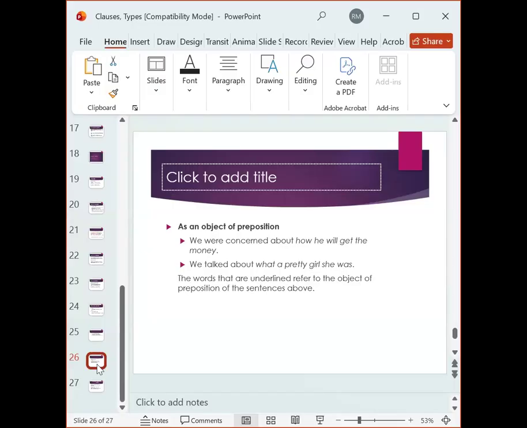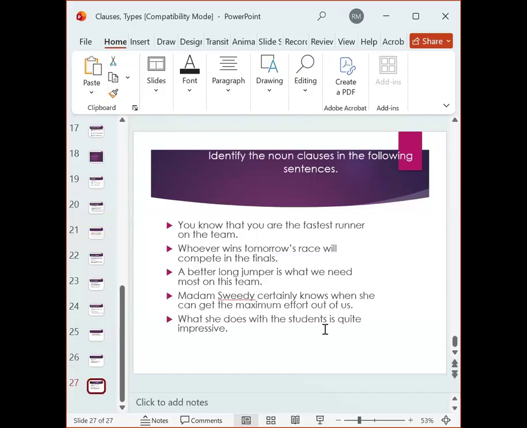Okay, so that's that. Now let's look at this exercise and then we'll call it a day. Identify the noun clauses in the following sentences. So all of you, sentence 1, write your answer down. Read the sentence there and identify the noun clause in it. Just write only the noun clause for me, or you can copy paste and bold the noun clause for us to see.